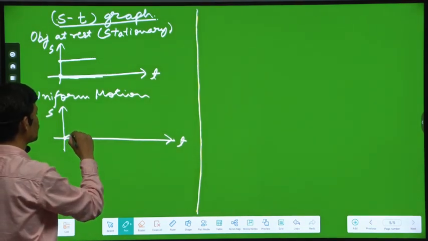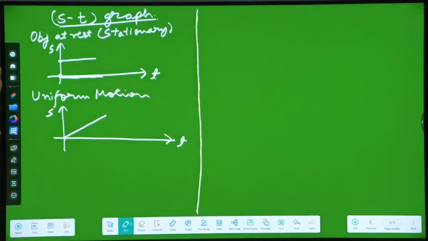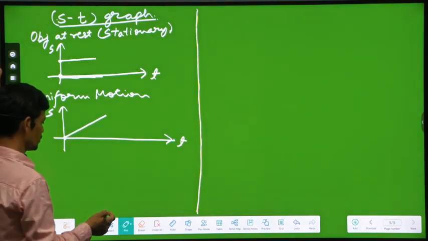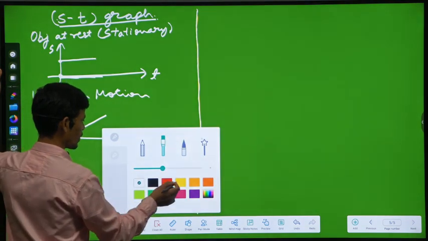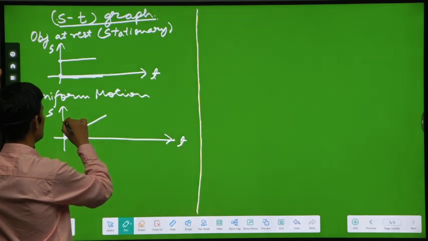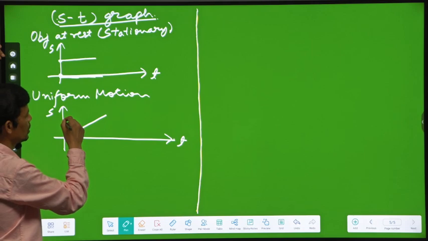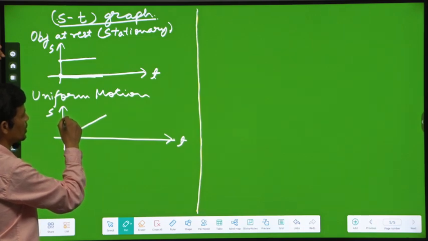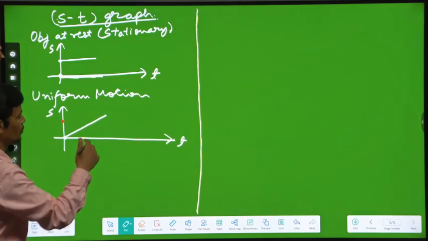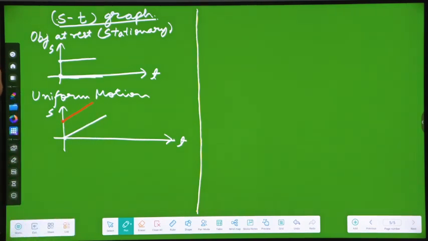If it is starting from origin, it will be a slant straight line, uniform motion. Velocity is constant. And if already it is not at the origin, it has some separation from the origin, then here it is.